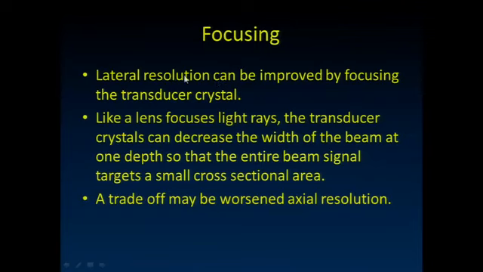We can improve that lateral resolution a little bit by purposely focusing the ultrasound waves at a particular depth. In other words, we want to make sure that they're staying fairly close together up to a certain depth. And remember, I told you we could use the constructive interference of the different ultrasound waves to create a wave which is most focused at a particular depth in the patient.